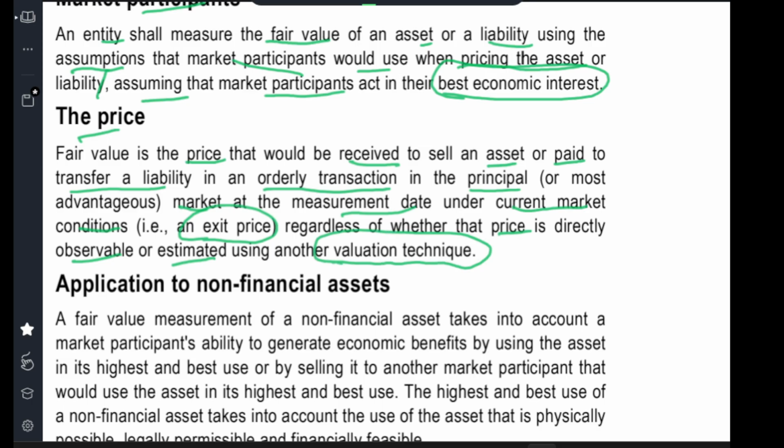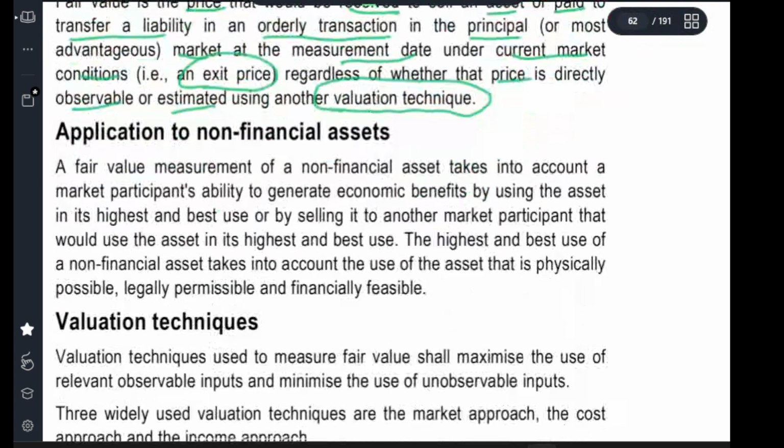So the goods should be sold in an orderly fashion in the principal market, and the market participants should be fair participants, and it should be sold at the exit price at the same time. It should be directly observable or estimated by any valuation technique. That's not an issue, but there should be a proper valuable price.